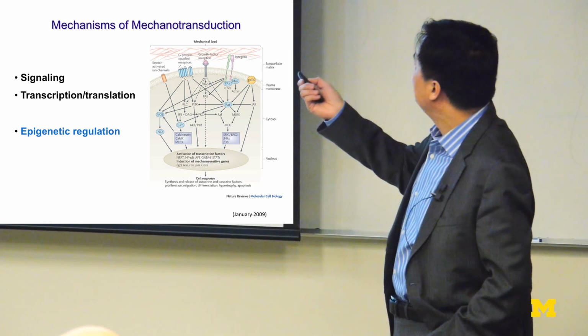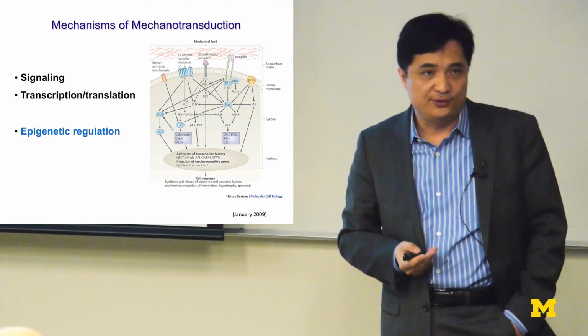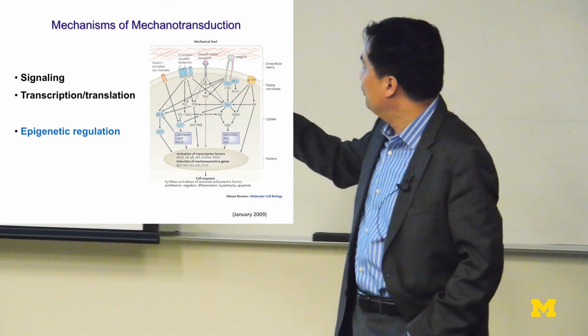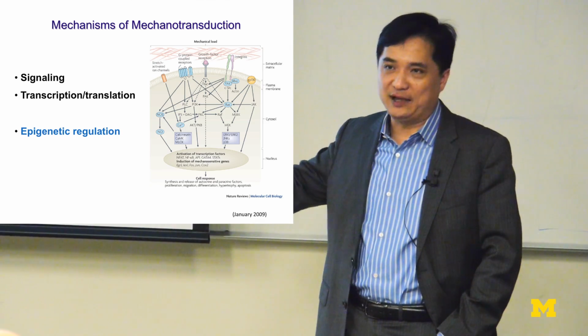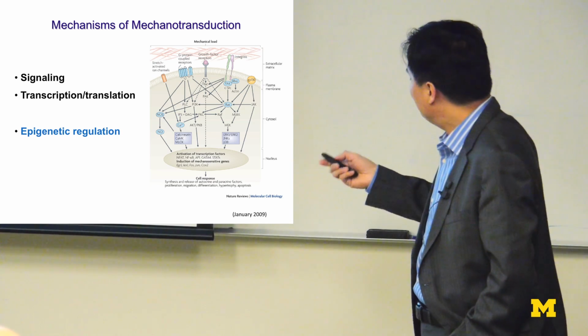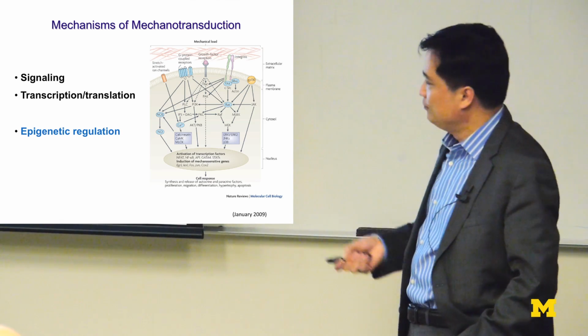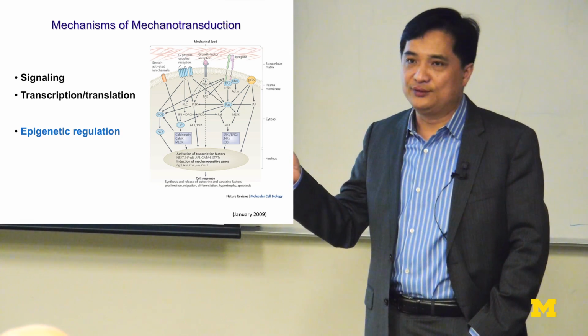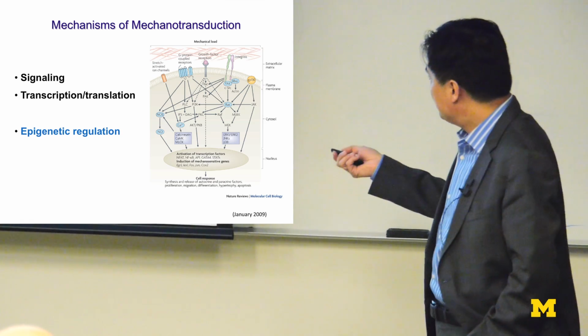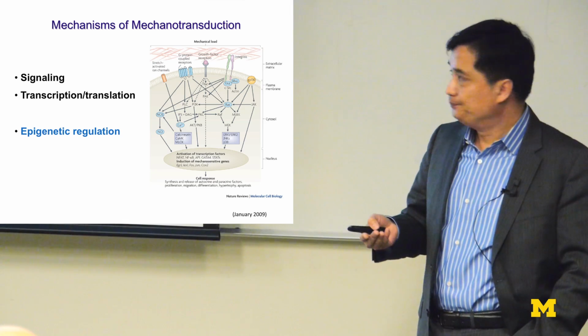However, most of these processes are acute response. So you talk about the mechanical signal on the cell surface, and then within minutes to hours, you activate a certain signaling cascade, and finally regulate gene expression. And many of these are transient responses, because when you remove the mechanical signals, this process will stop and go back to basal level.